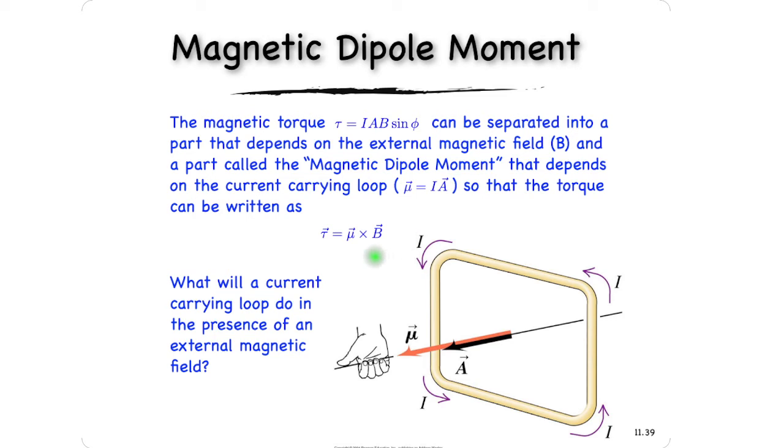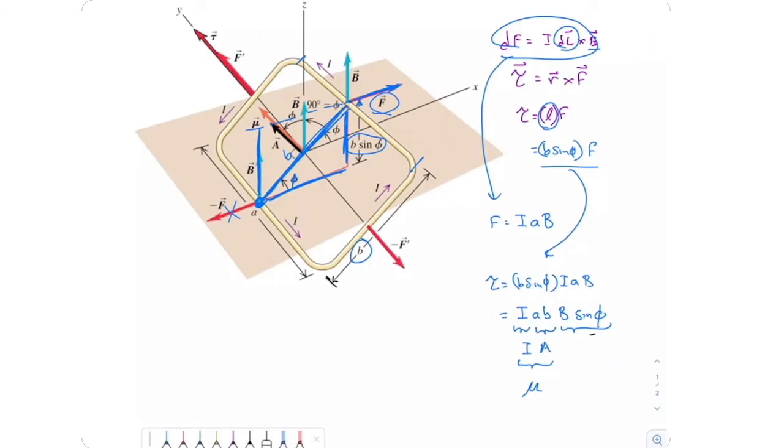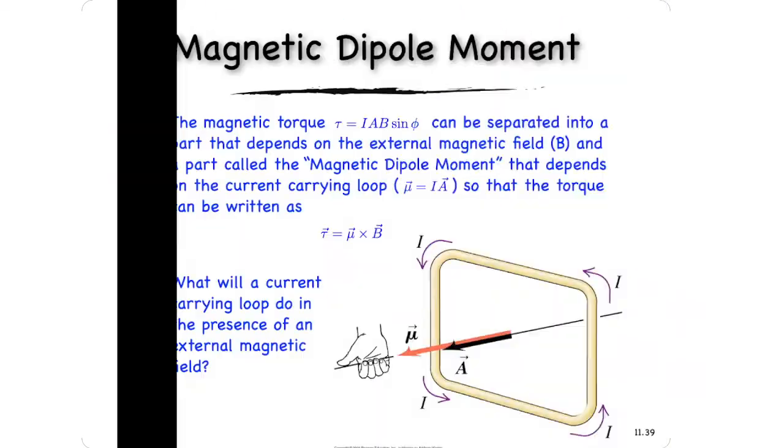Okay, and what that tells us is if mu is aligned to the magnetic field, in this case the magnetic field is pointing along Z, if our loop were in the xy plane, then mu would point along the direction of the magnetic field, and the cross product would be 0. There would be no torque. And that makes sense because as we've drawn it, if we rotate this into the xy plane, then there's no longer this lever arm, this b sine phi that we had before.